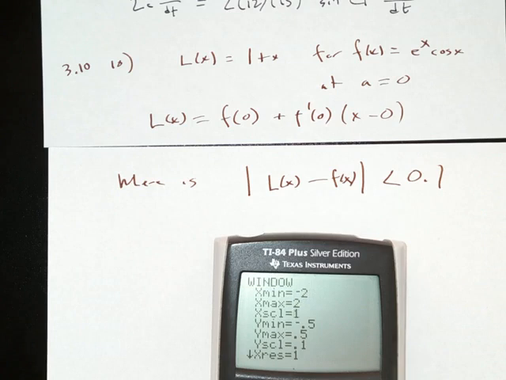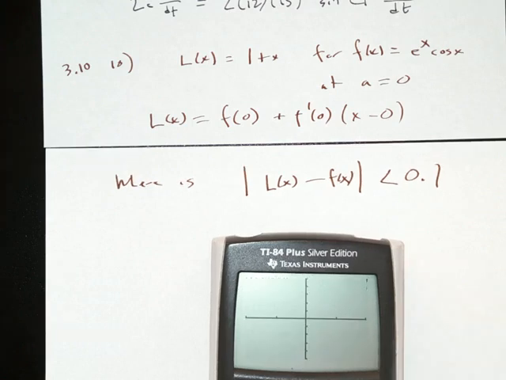With me so far? No? Yes. Graph it. Now, I want to know where this is between negative 0.1 and 0.1. This sounds an awful lot like what we did back in chapter 2, finding the deltas for the epsilons. Yes.